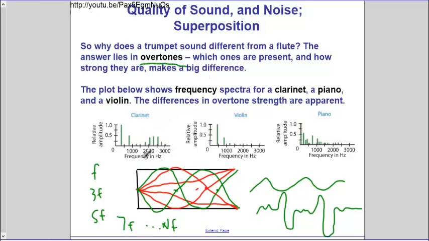And all of these different frequencies will occur at different volumes, and this will give our musical instruments their characteristic voices.